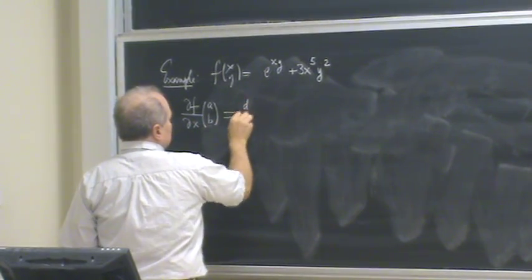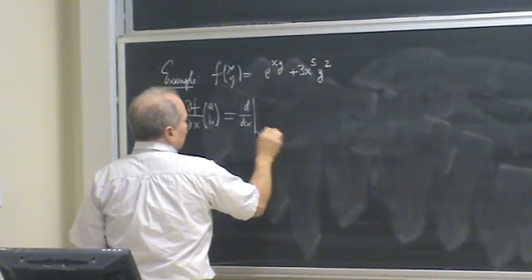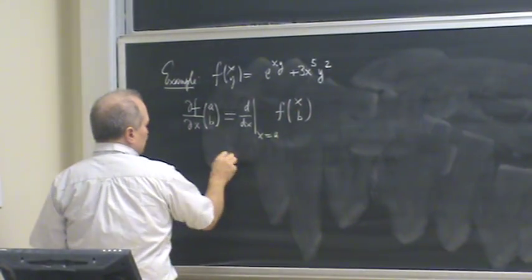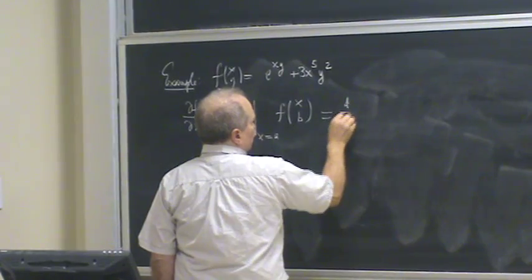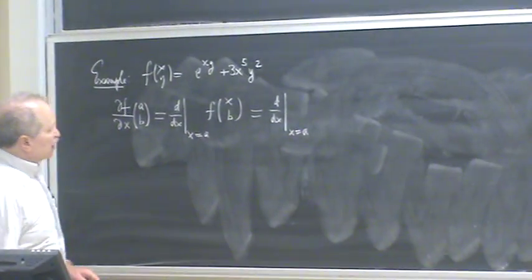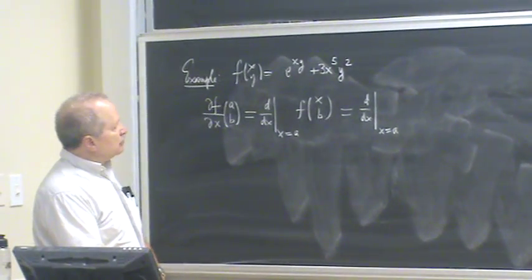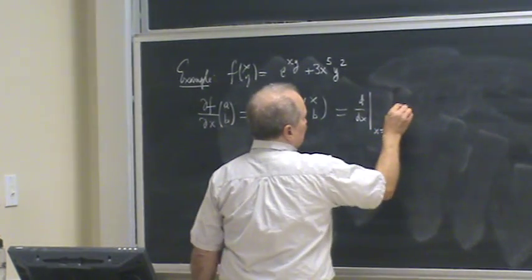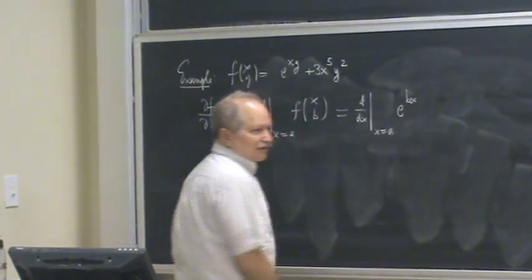Imagine fixing y, and differentiate the function that you get by putting in y equal to b. So I'm taking the derivative with respect to x of what function? e to the, all right, so I'll put the b in front.